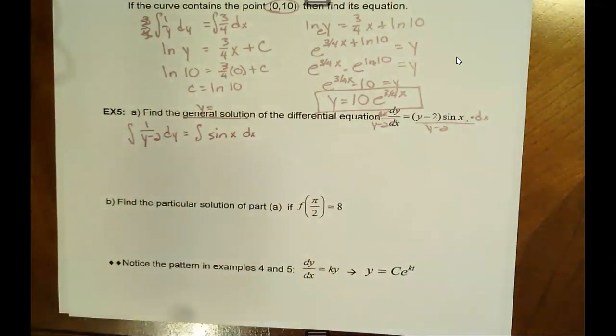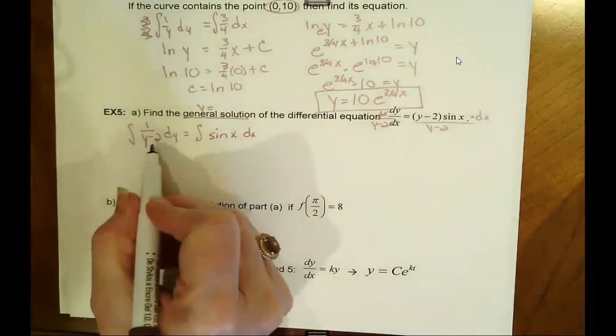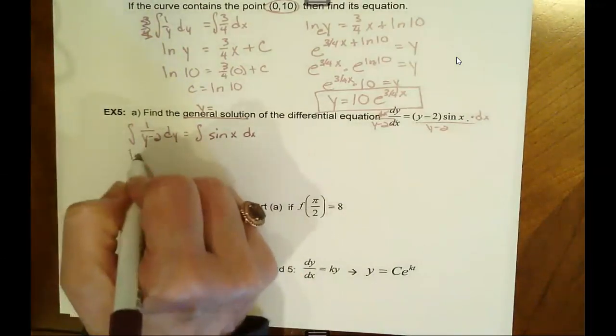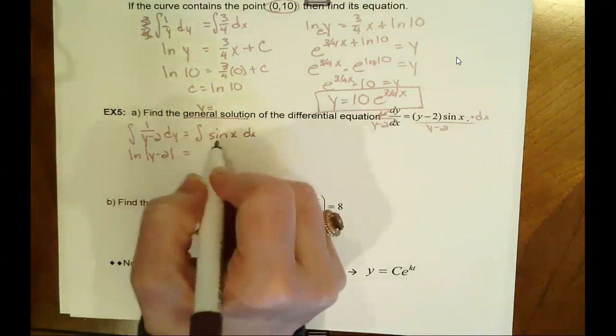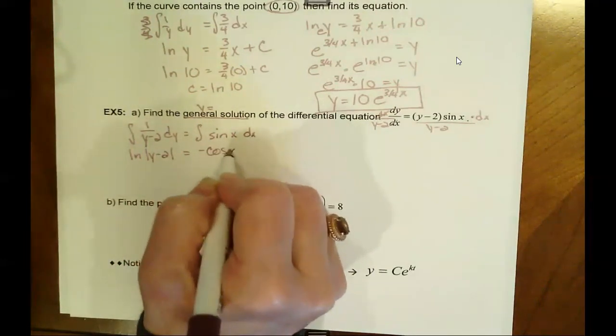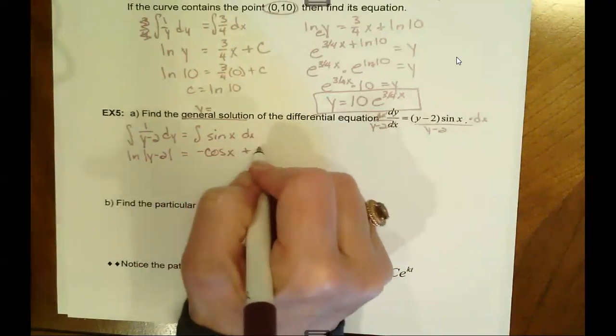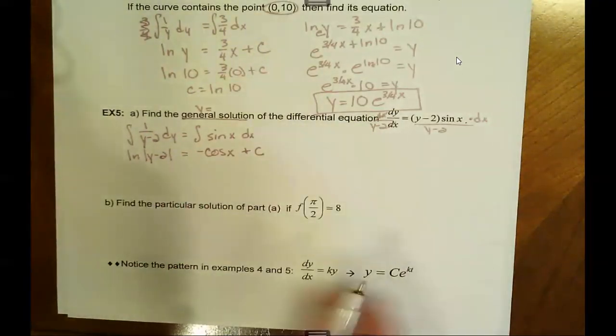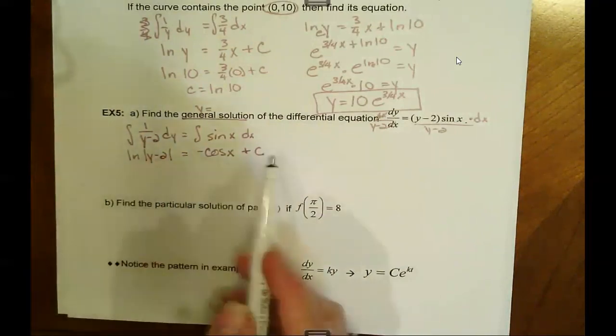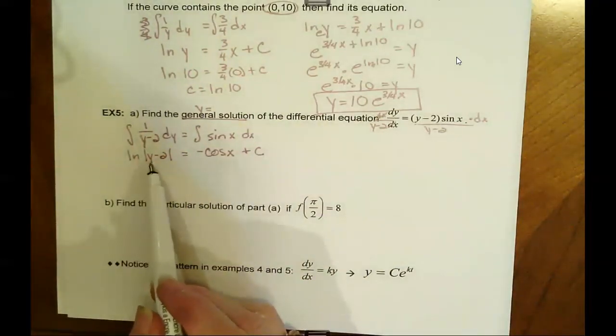All right, so this one is going to be a natural log, so ln of y minus 2, and the integral of sine is negative cosine of x plus c. Now, if it didn't ask us to solve for y, we have a general solution. It's just not with y by itself.